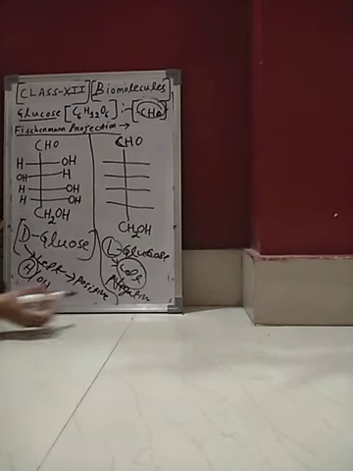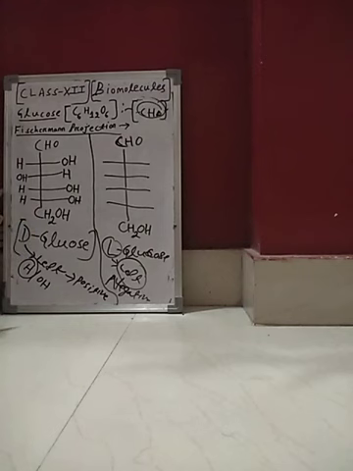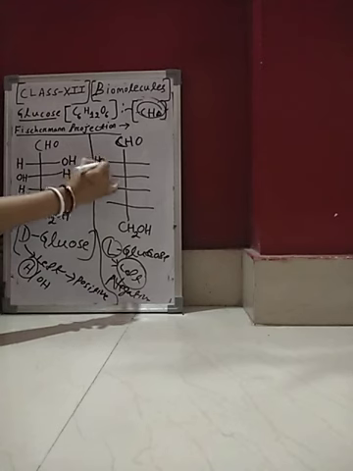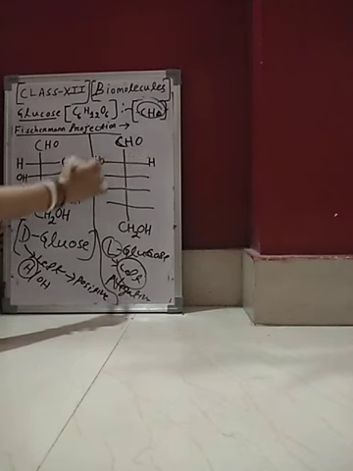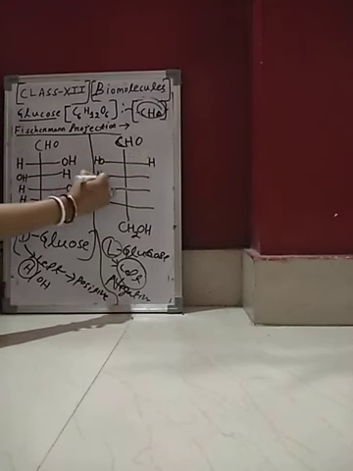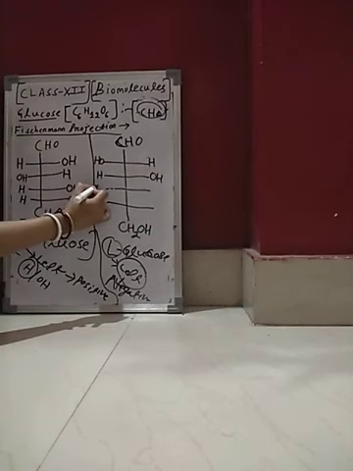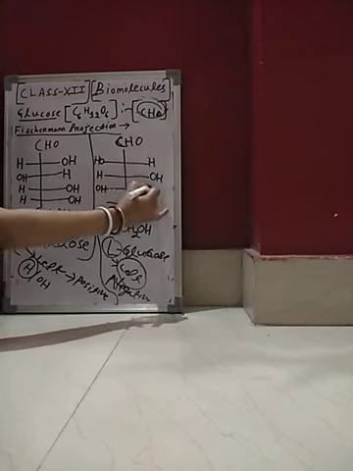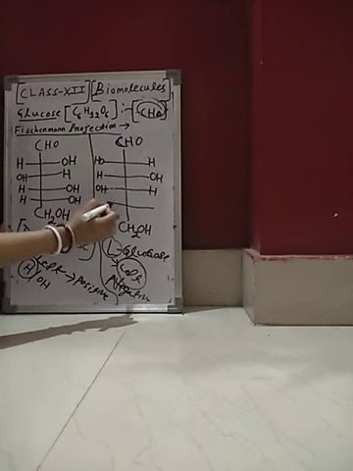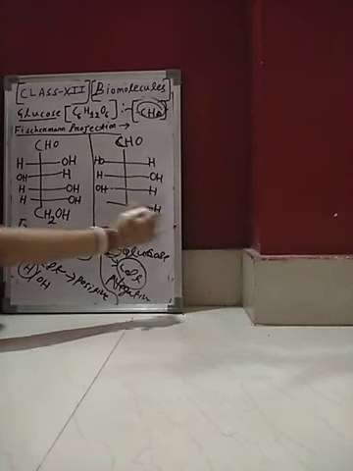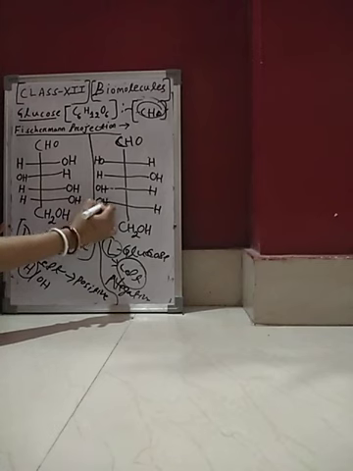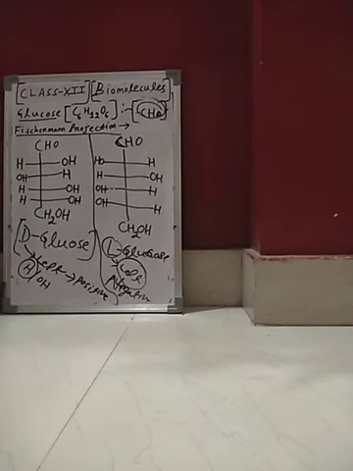Among H and OH, which is negative here? OH is negative. So you have to put OH on the left. OH, H. Again you have to reverse it, here H, OH. Again reverse it, so here comes OH, here comes H. And the last remains the same, H, OH. So this is the structure of L-glucose.